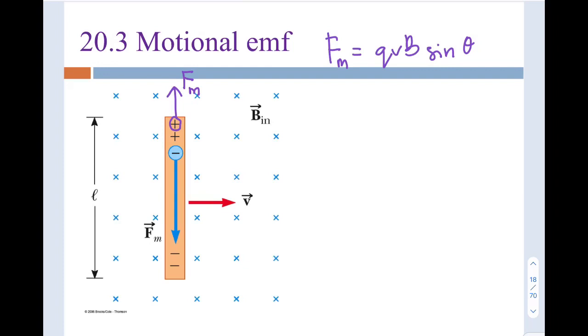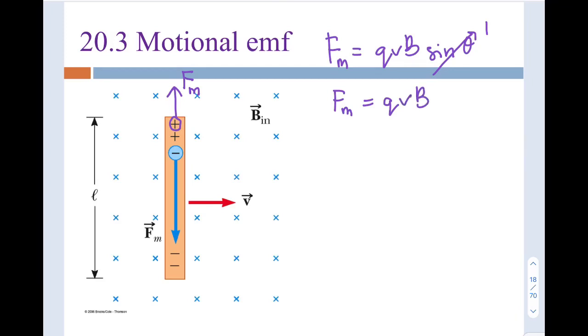If you refer to this diagram, the B and the velocity are perpendicular to each other. Therefore, sin theta becomes sin 90, which gives you 1. So the F magnetic experienced by the electron will be simplified to QVB only.